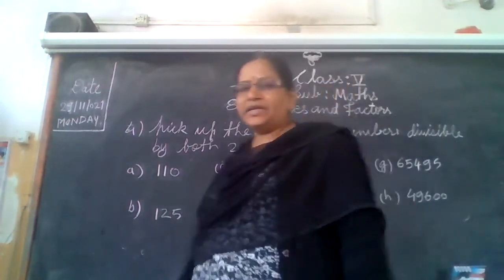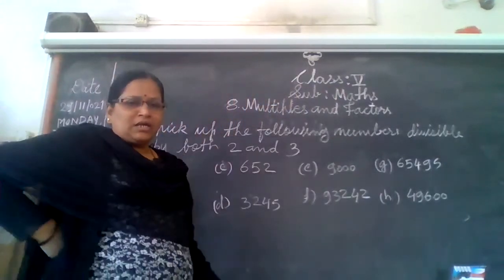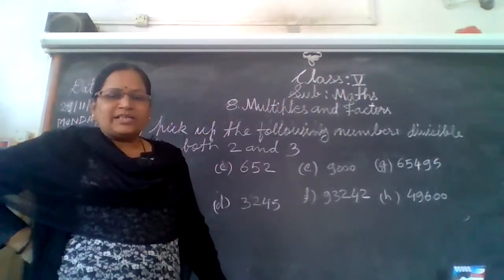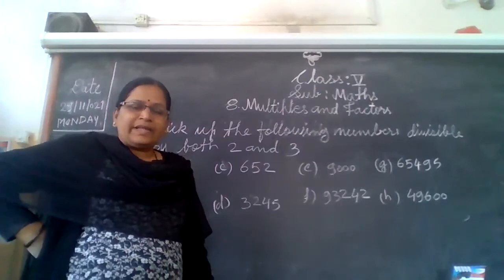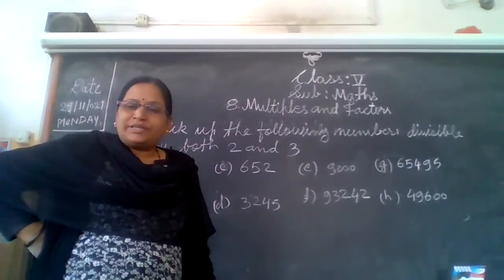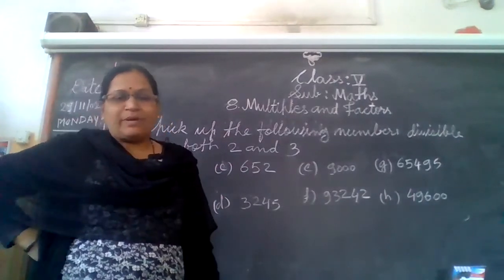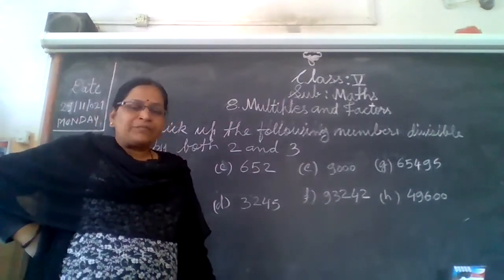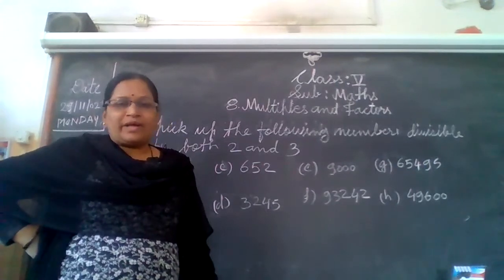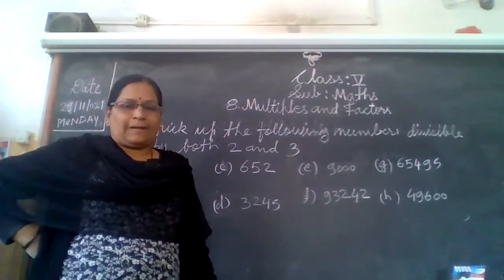So what is the criteria for a number divisible by 2 as well as 3? That is the divisibility test for 6. If a number is divisible by 2 as well as 3, then it is divisible by 6 also.